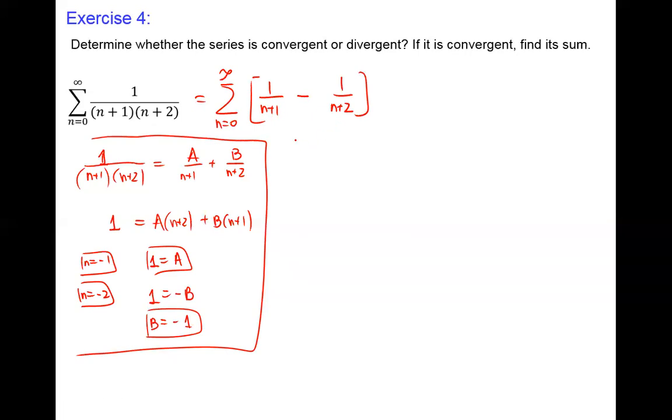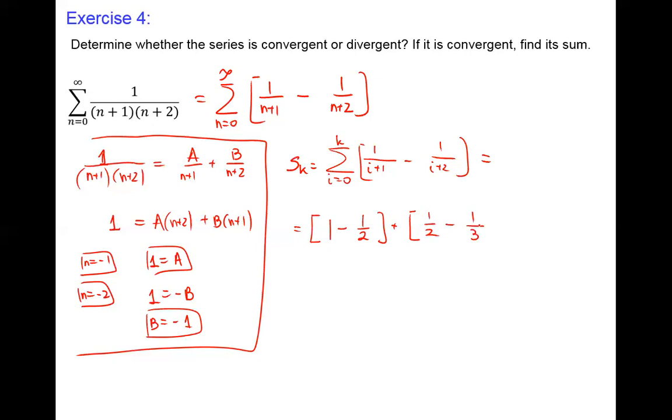Okay, since this is the telescoping one, let's find the partial sum. I will list the first terms. Let me write i equals 0 and ending with k, a finite number, and the formula is 1 over i plus 1 minus 1 over i plus 2. Let's start listing. If i is 0, we have 1 minus 1/2. If i is 1, we have 1/2 minus 1/3.